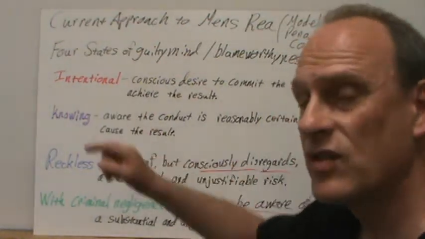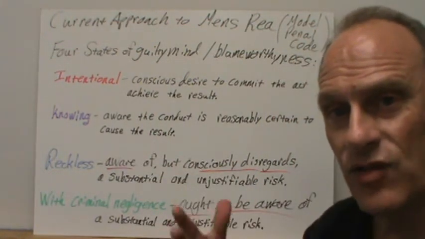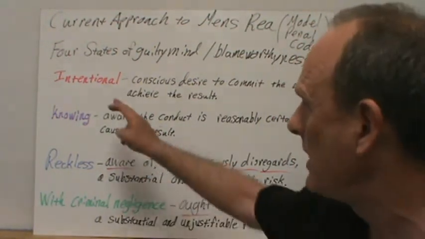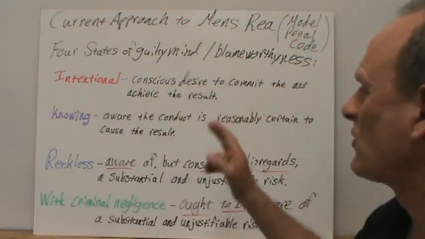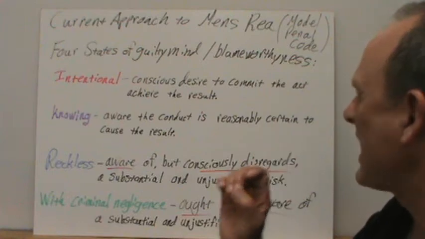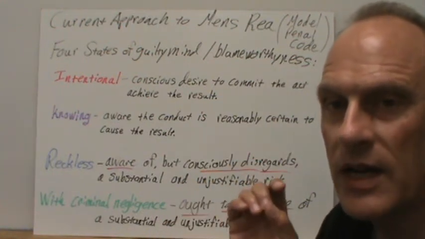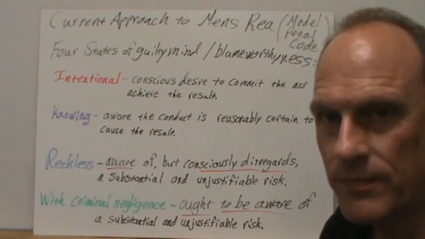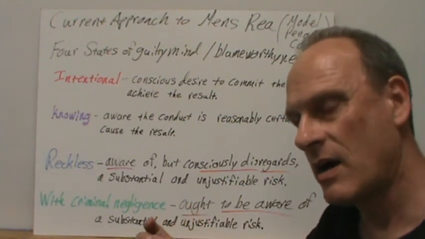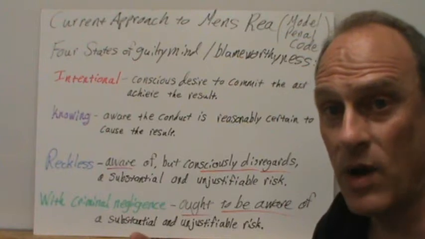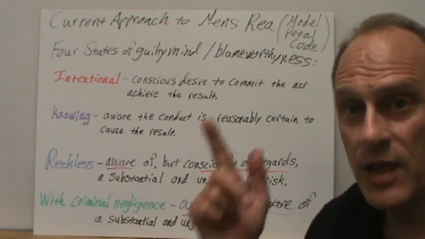The idea is that the highest level of blameworthiness would be called intentional. There you have a conscious desire to commit the act or achieve the result. A conscious desire. That would be someone saying, I want to cause your death.